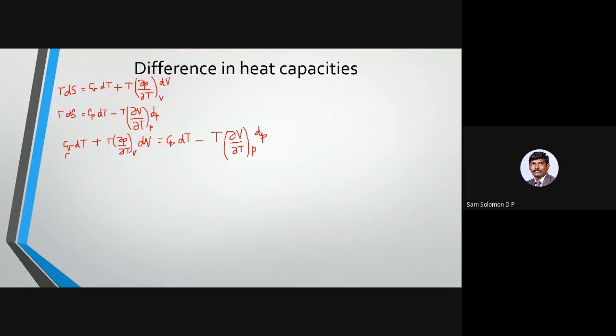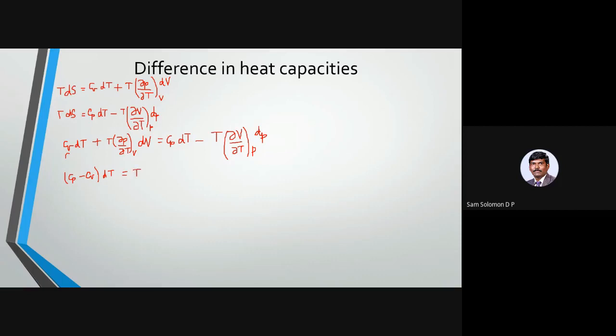Okay, so I can equate this. So if I rearrange the term, what I'll have is Cp minus Cv, because both of them are having this dT as common. So Cp minus Cv times dT is equal to, so Cv is brought to this side and this fellow is brought to the other side.